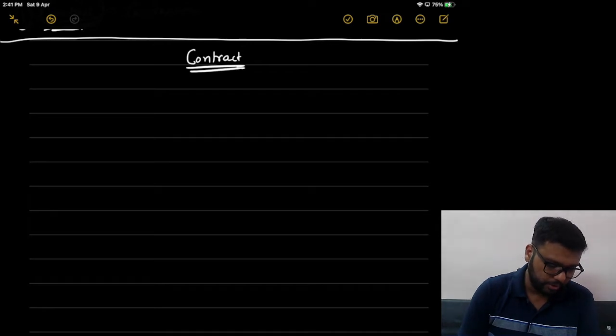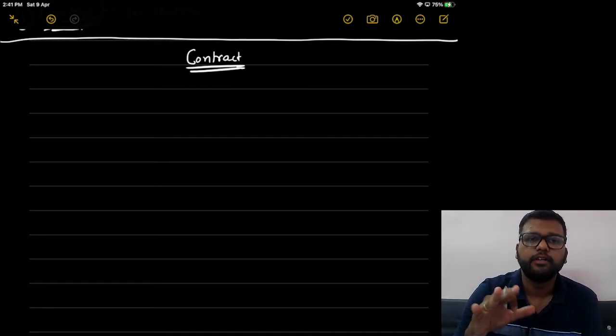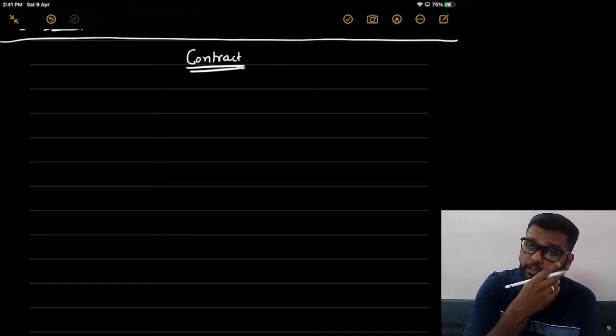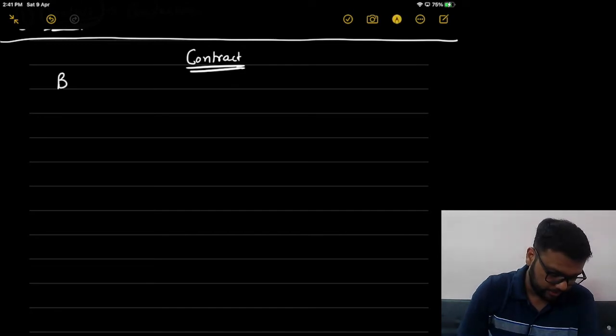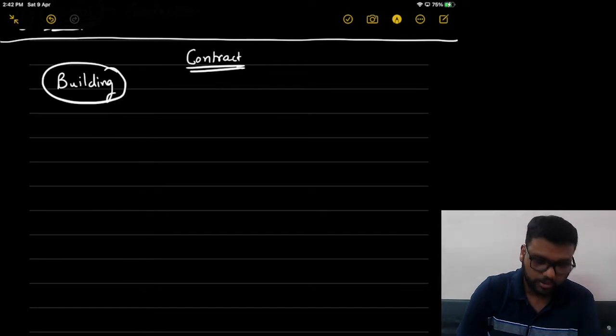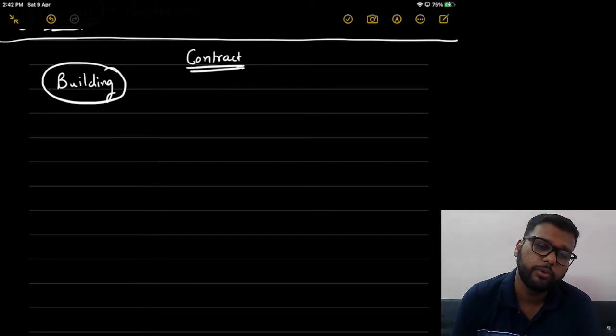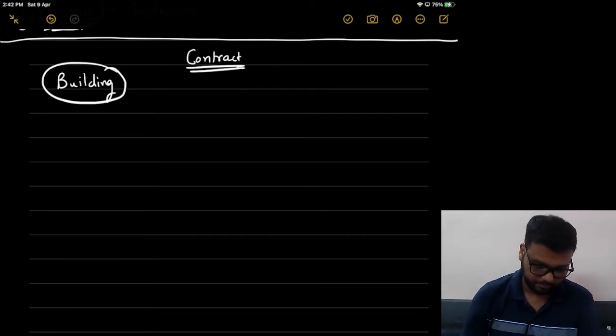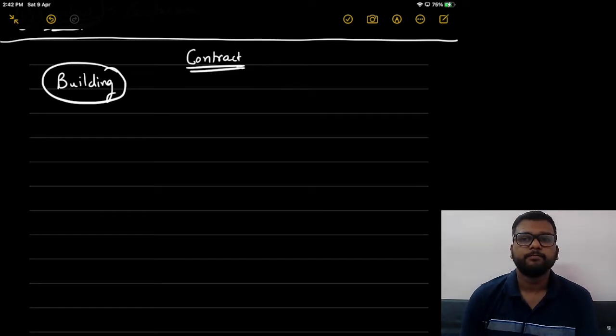Let's say we are a contractor and someone has given us a contract to construct a building. So what will be special in this as compared to other methods? Anyone?